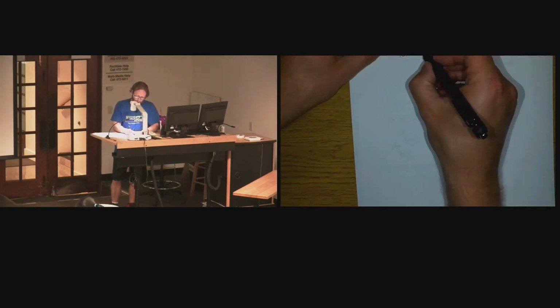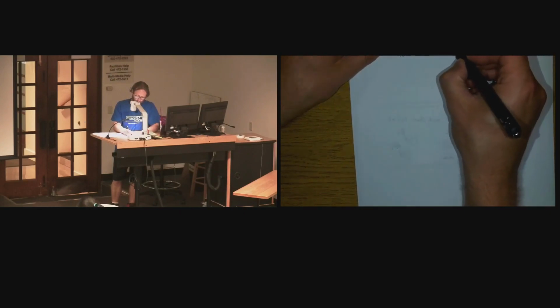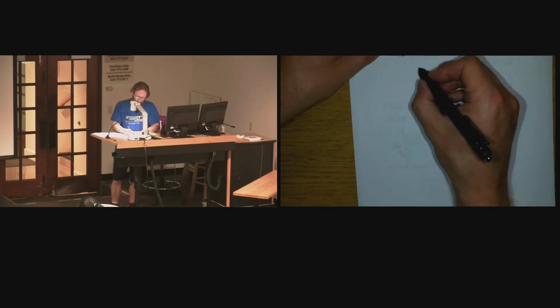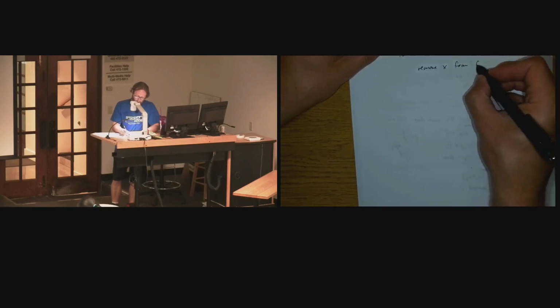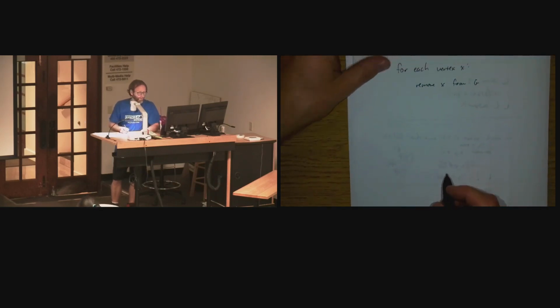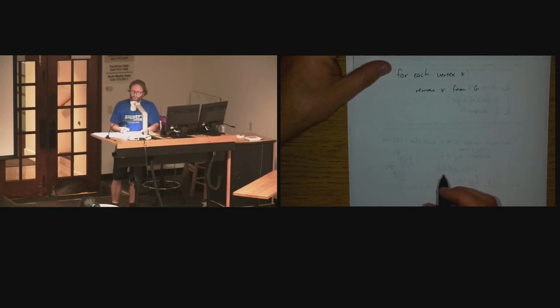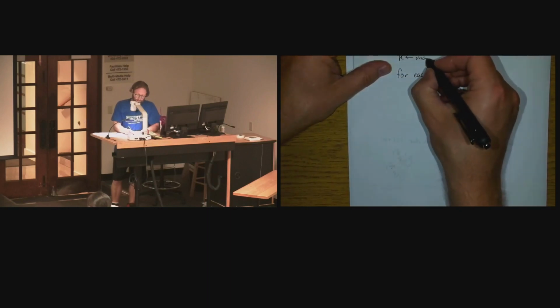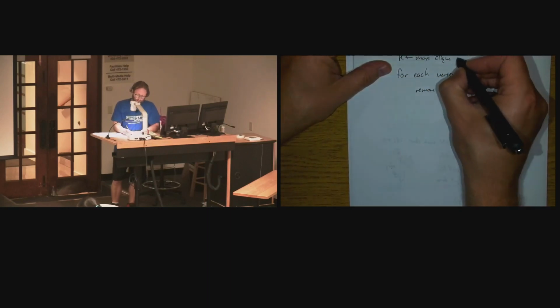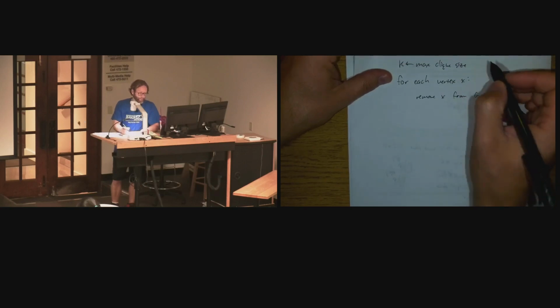For each vertex X, remove X from G, right? And then you ask your oracle, is there still a clique of size K? K is going to be the max clique size.